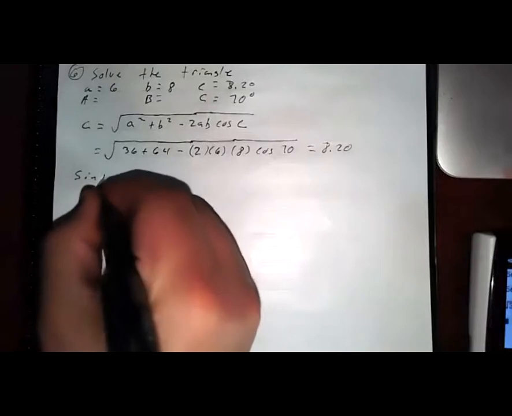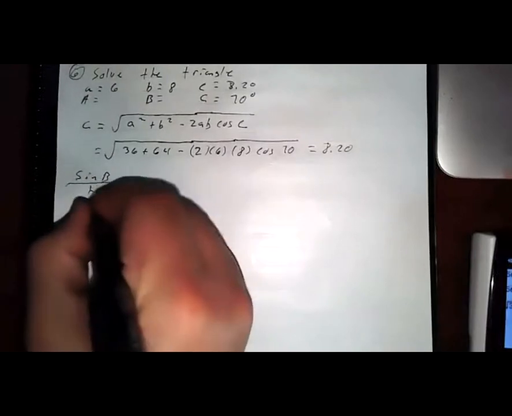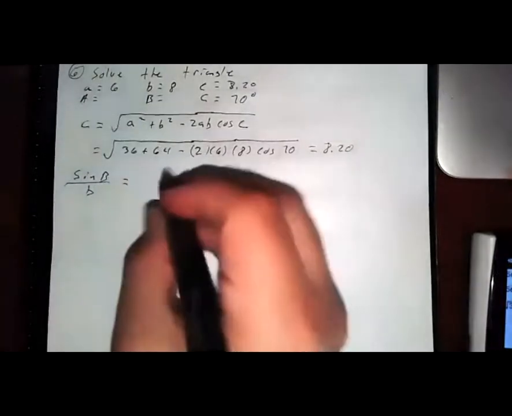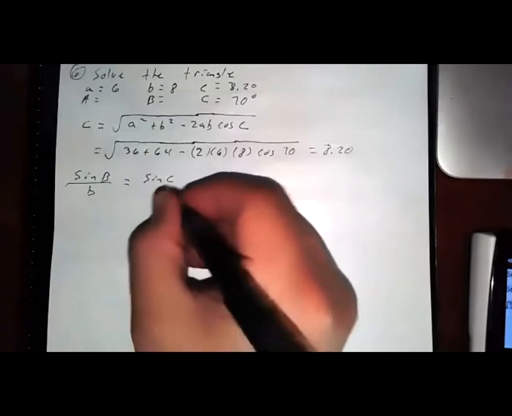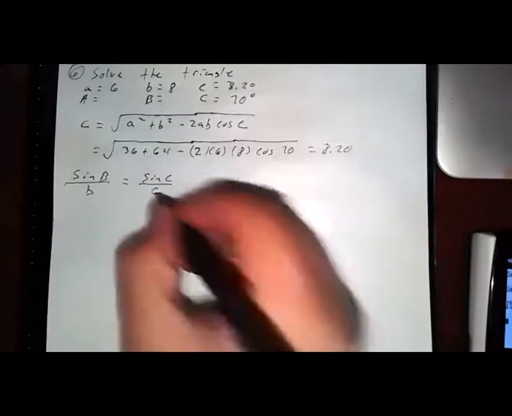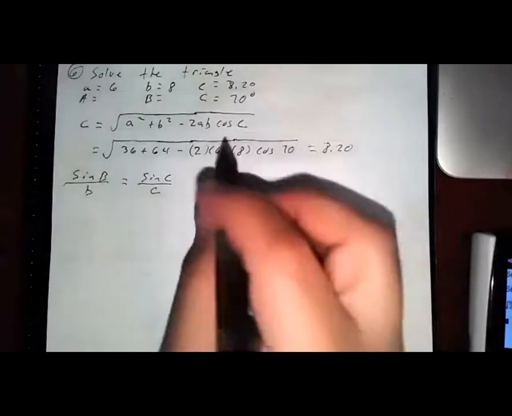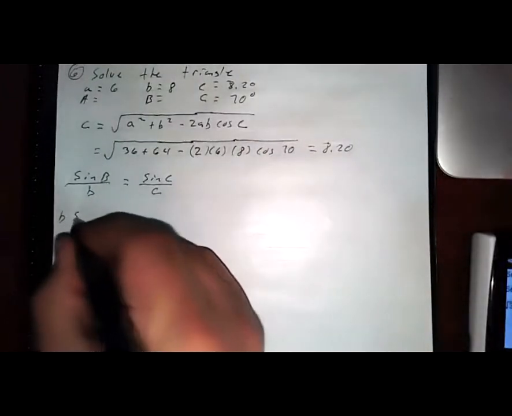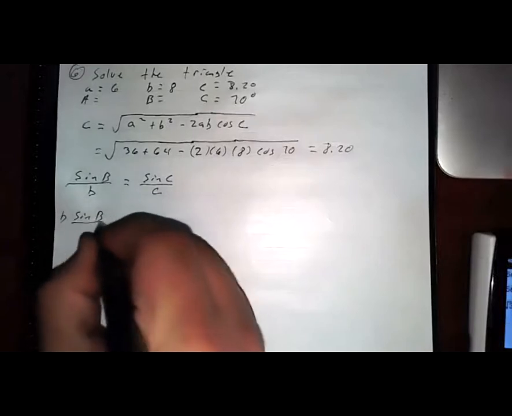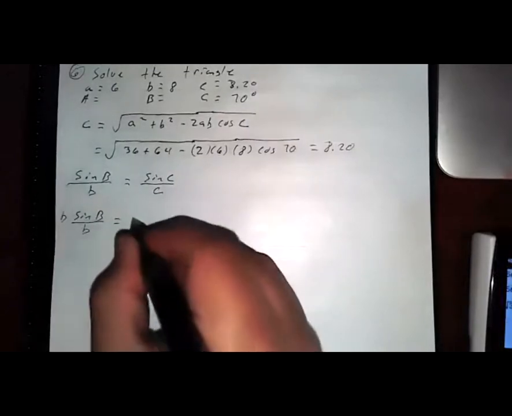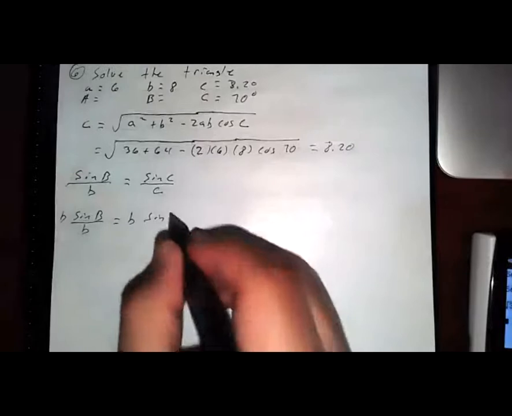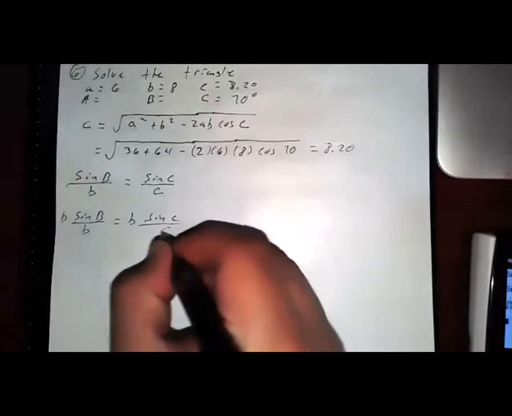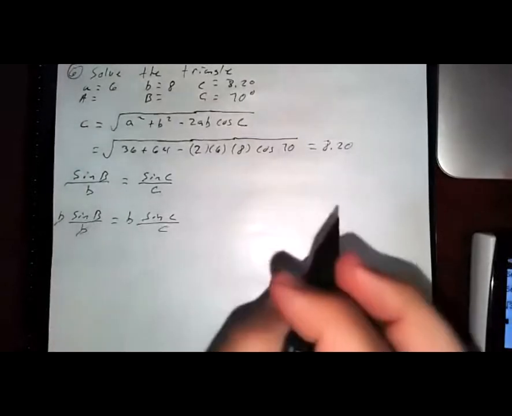So sine of B over b is equal to sine of C over c. I want to solve for B, so I have to multiply both sides by b. So that cancels.